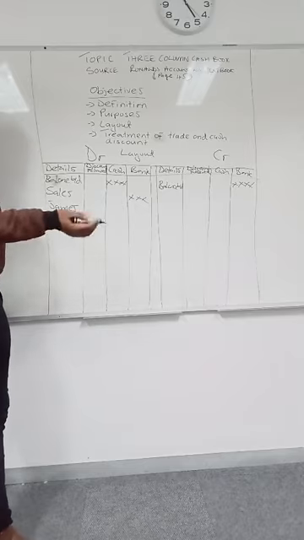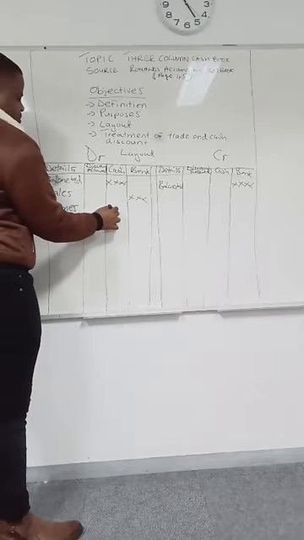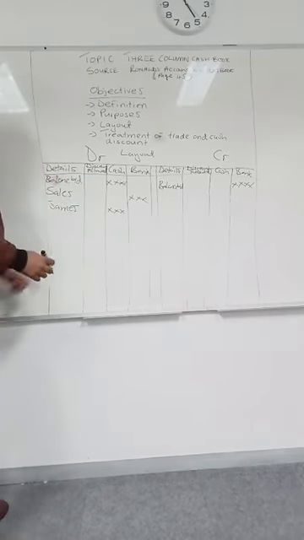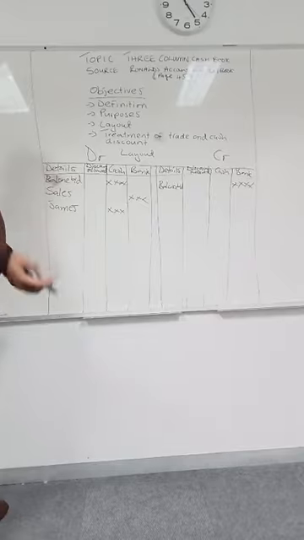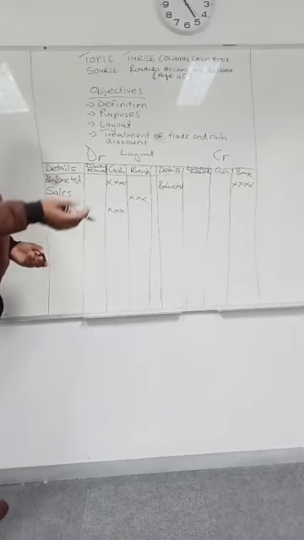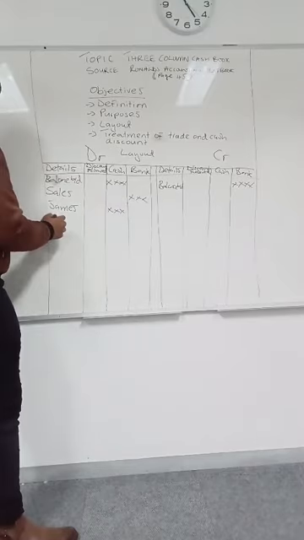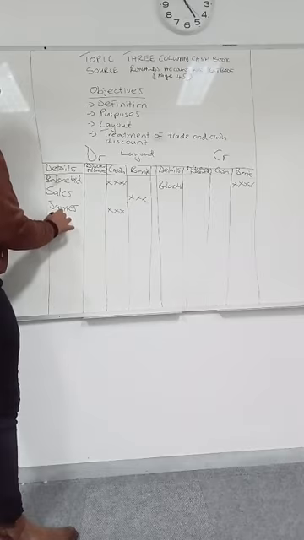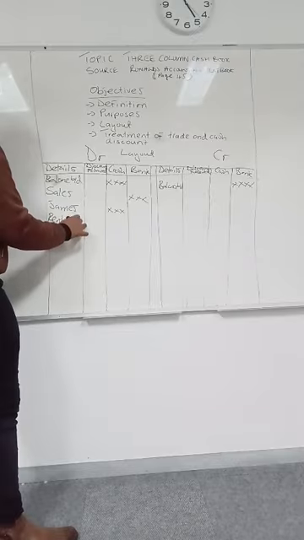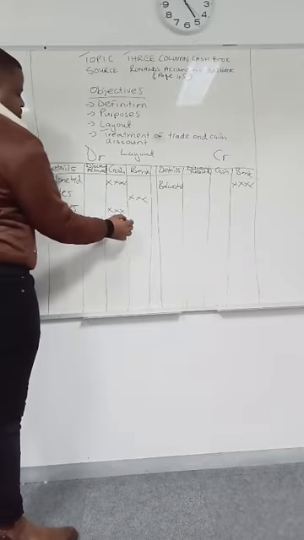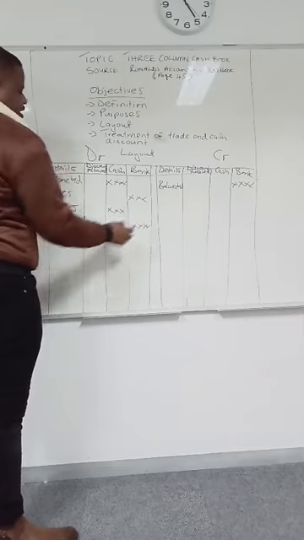So you can write James. Maybe James paid us via cash. Then also another possible receipt that we might have: maybe we are renting out our premises, rent received. Maybe the tenant paid us via cash.